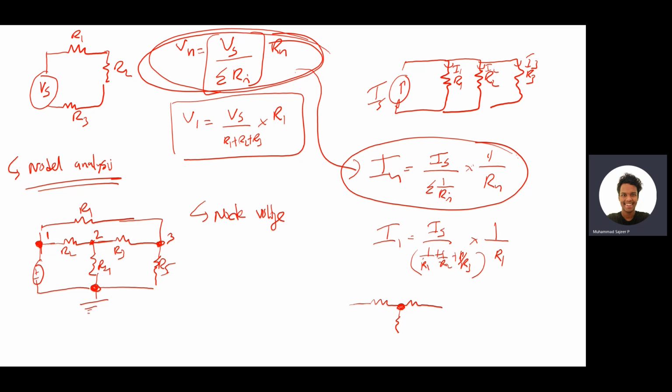Nodal analysis will take one node as the base, or the ground, and compared to that, we will find all the other voltages. So if you apply KCL at node 2, the center node, the logic is like this.